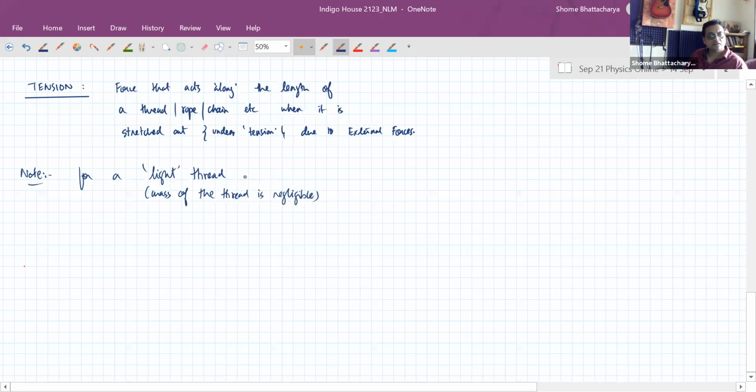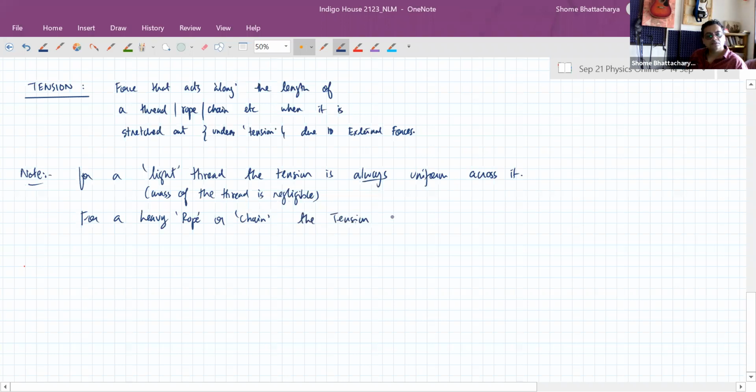So for a light thread, the tension is always uniform across it. But for a heavy rope or chain, the tension can vary, that means it's not always the case.